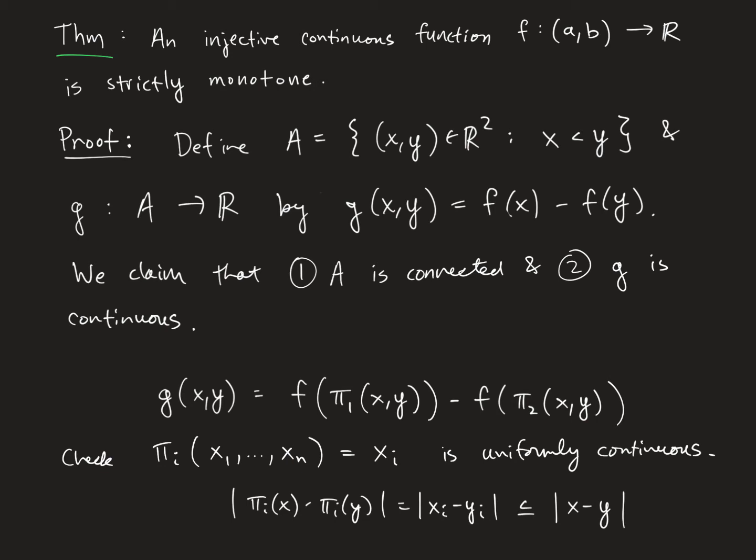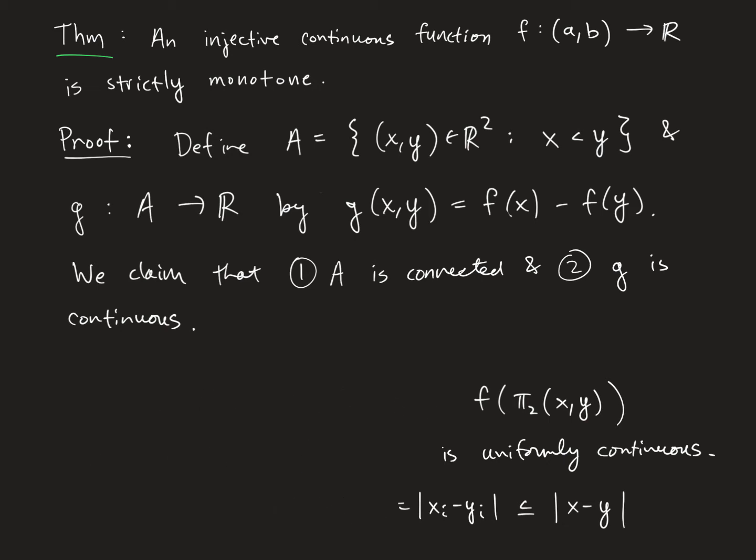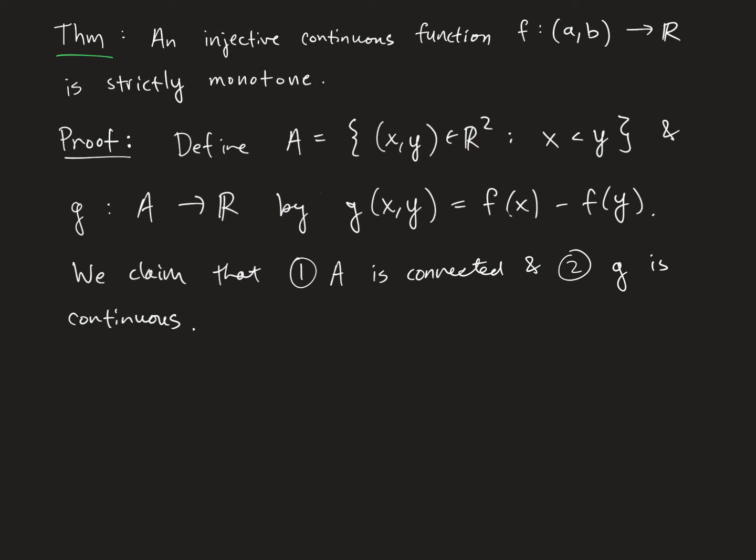So for any epsilon challenge, you can just take epsilon equals delta. So that's all easy stuff to verify. Relatively straightforward lemmas here will show that A is connected and g is a continuous function. So I'll leave those as exercises.